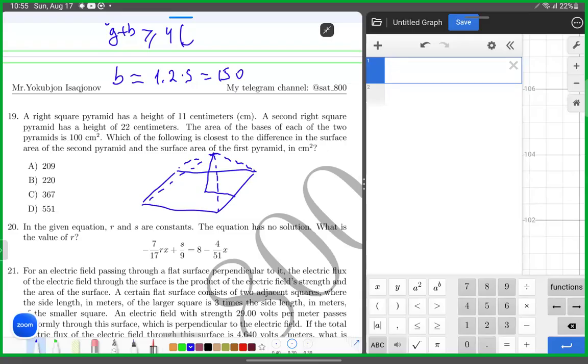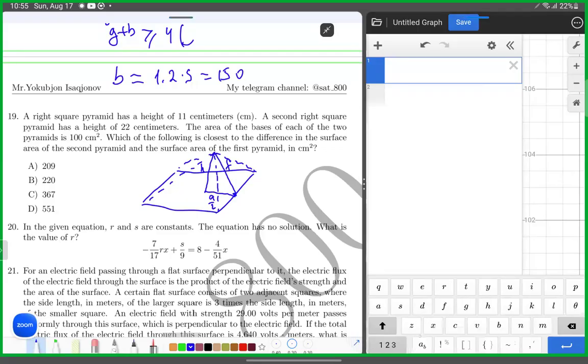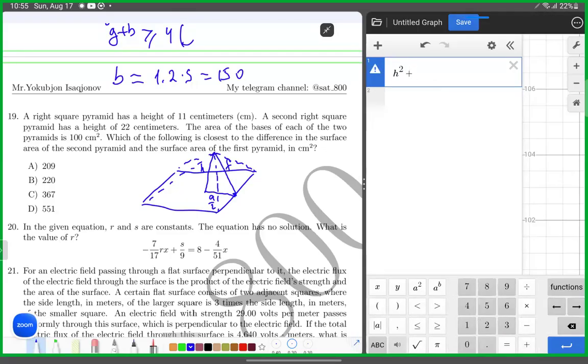Here you need F, the slant height. This one is A divided by 2. This one is the height. This is a very beautiful connection: height squared plus (A divided by 2) squared is always equal to F squared. You must know this connection.